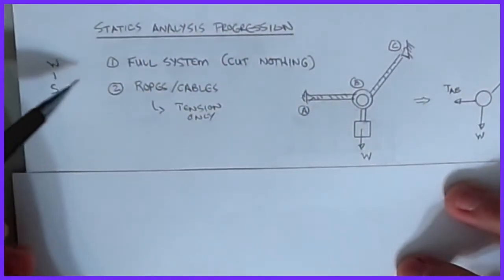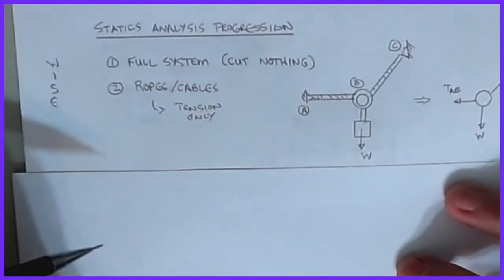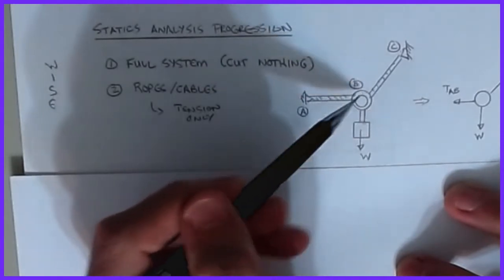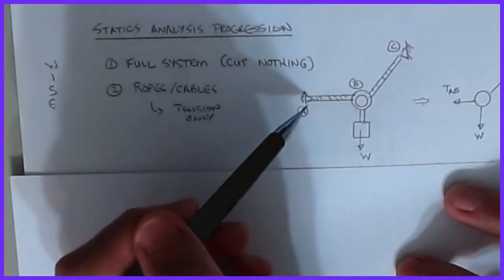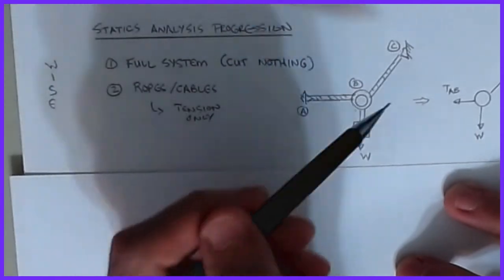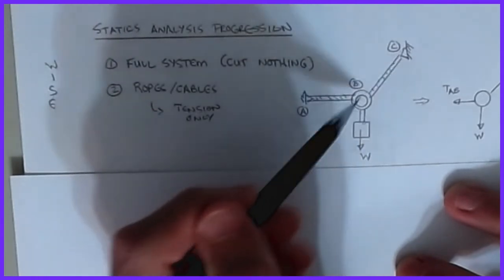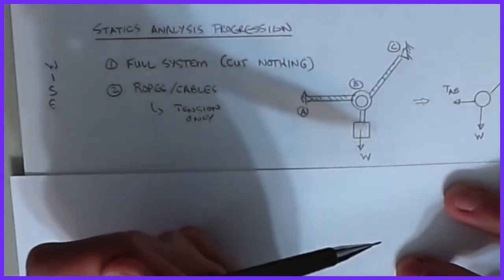W is the weight, I is internal, S is support reactions, and E is our external forces. So if this is my structure, this consists of a ring at B and a rope that connects a pin at A to the ring, and then another rope that connects the ring at B to another pin at C, and those two together are holding up some weight W.